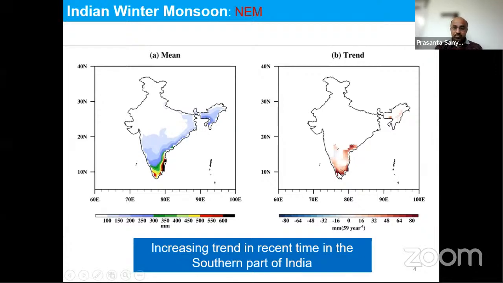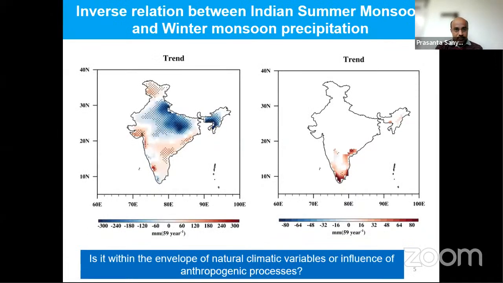So that suggests that the northeast monsoon, which causes rain in the southern part of India, is increasing with time. If I compare these two monsoonal trends, the Indian summer monsoon in the north central part of India is decreasing, and in the southern part of India the northeast monsoon is increasing.